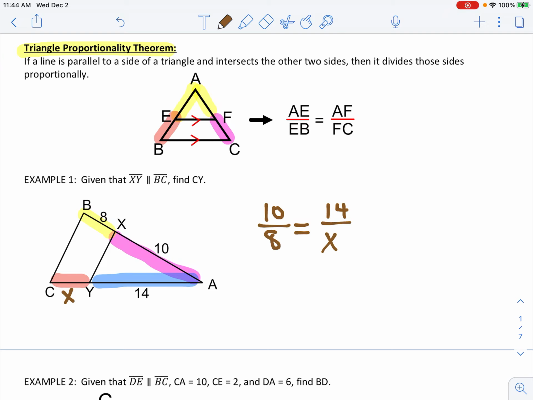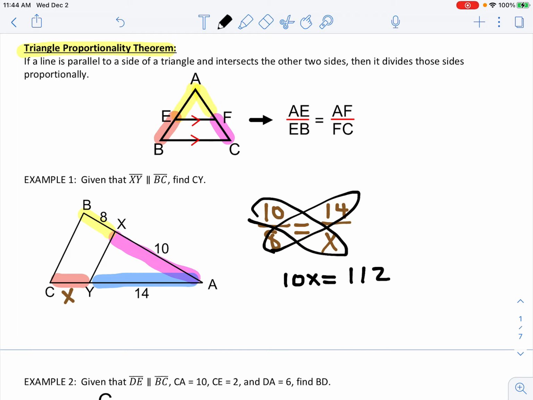So remember when we cross multiply, I take 10 times X, which will give me 10X, equals 8 times 14. 8 times 14 will give us 112. Now, if I clean this up and divide by 10, I get X to equal 11.2.